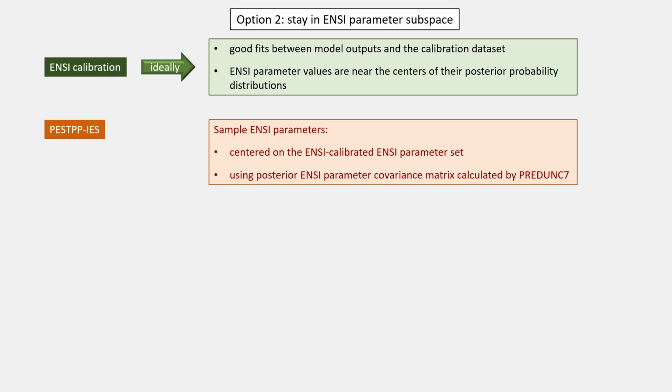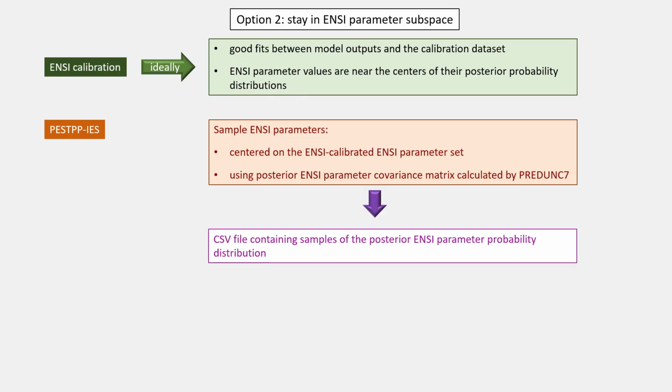If we have enough PEST-PP-IES realizations, very quickly PEST-PP-IES should give us a CSV file containing random samples of the posterior ENSI parameter probability distribution, with all of these samples fitting the calibration data set just as well as ENSI was able to fit the calibration data set.